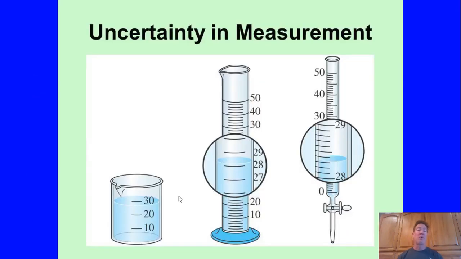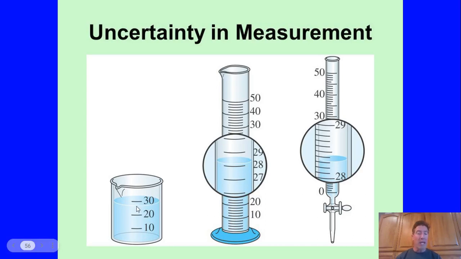So let's look, for example, at a practical application of this that shows uncertainty in measurement. If I asked you to give me the value of the water, let's say, in this beaker, you might say, well, it's more than 10, it's more than 20, it's less than 30, it's somewhere here between 20 and 30. I might call that 27.